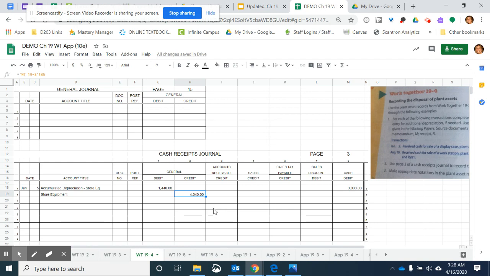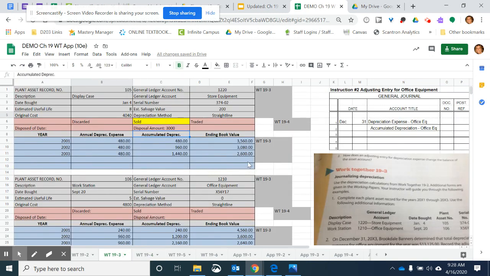All right. So what do we know? I'm going to go back here. We know that the ending book value of this asset at the time of selling it is $2,600. We also know that we got $3,000 for this thing. Okay, so on the books it's worth $2,600.